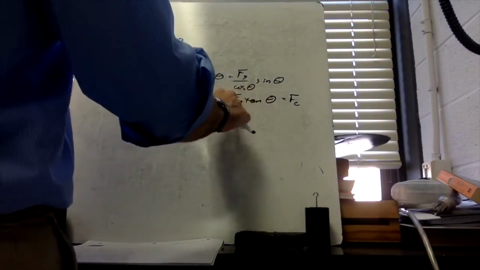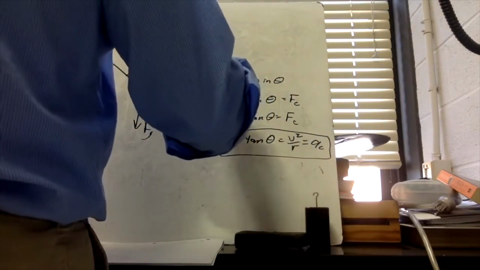Fg is just mg, so mg tangent of theta is Fc. That means g tangent of theta is equal to v squared over r, or equal to ac in this situation.